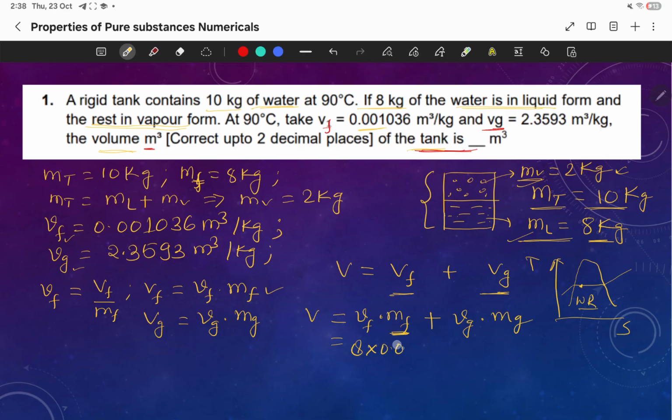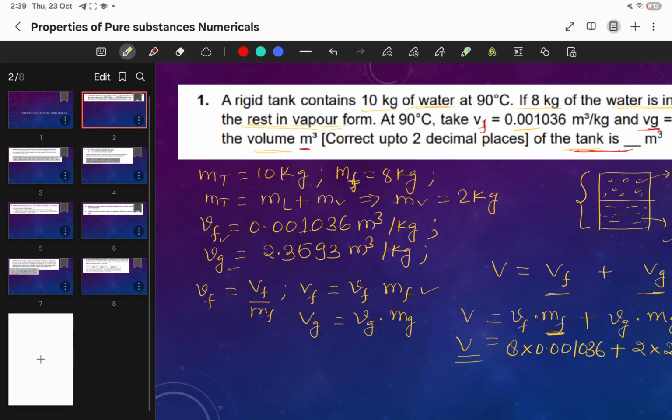Vf is 0.001036, plus mg. mg is the mass of vapor, which is 2, into 2.3593. So just do this calculation. We will get volume as 4.73 meter cube. Right, so this is the total volume of this container.